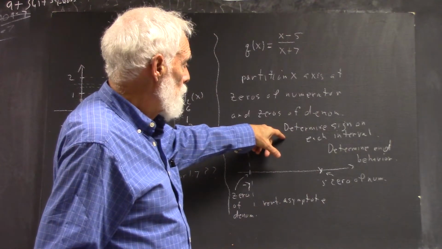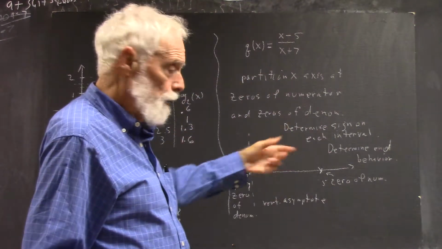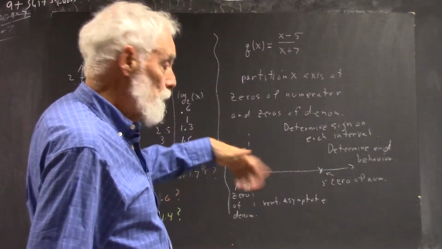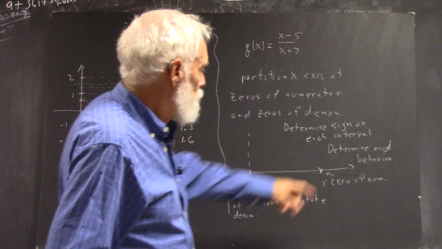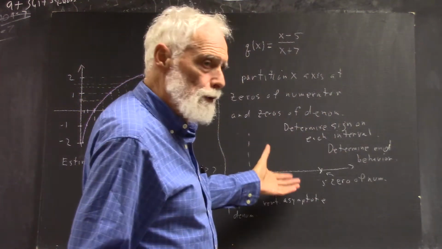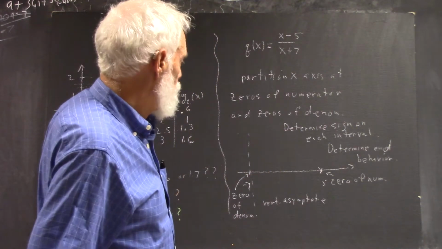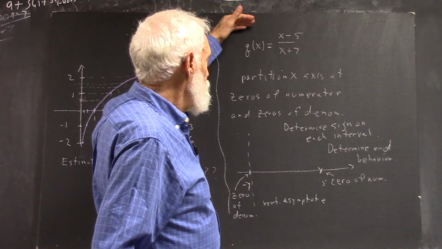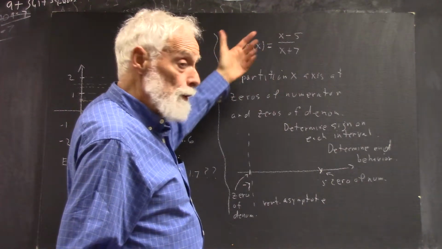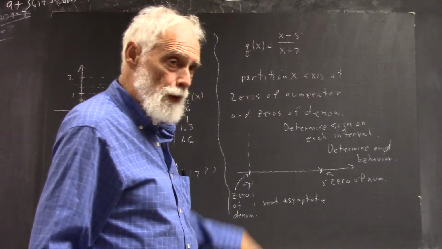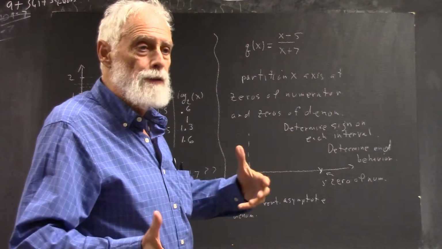We want to determine then the sign of this function on each interval. Now I didn't do that, you know how to do that. Same way you would if it's a polynomial function. And then determine the end behavior, and then we can draw the graph. Now, what I will be asking you to do on homework for this assignment is just take a simple expression like this, find the zeros of the various factors, partition the axis, and determine whether the thing is positive or negative.